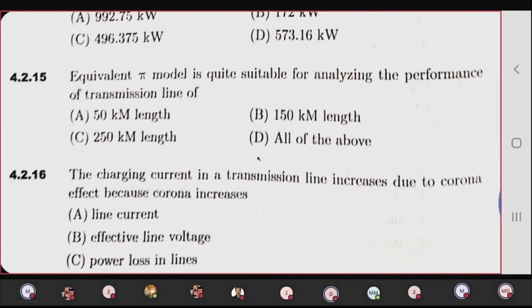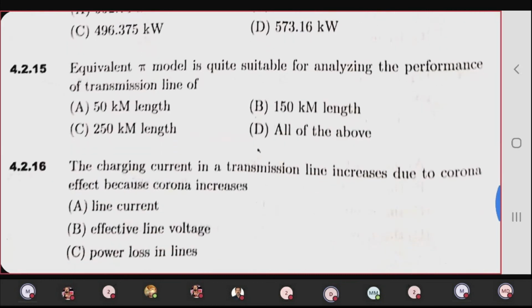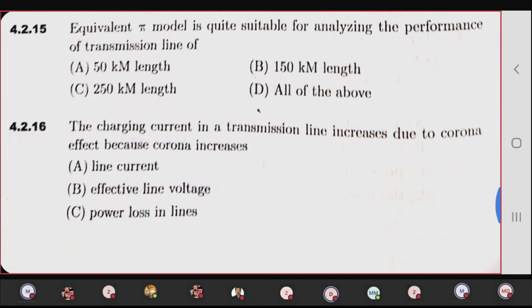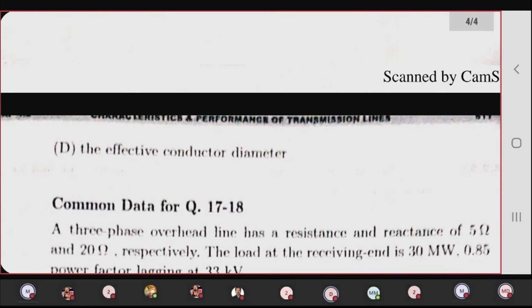And question number 16, the charging current in a transmission line increases due to corona effect because corona increases. Why does corona increase? Either line loss, effective line voltage, power loss on lines, or the effective conductor diameter.